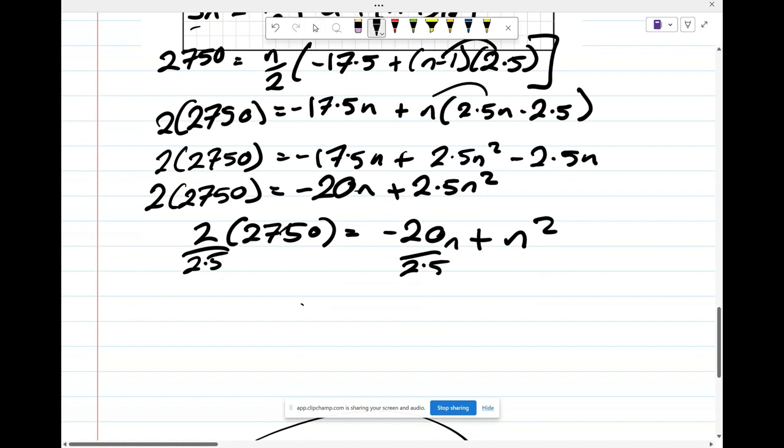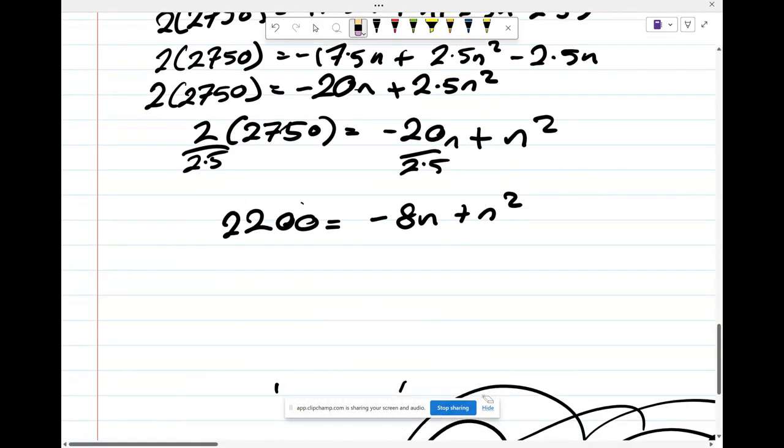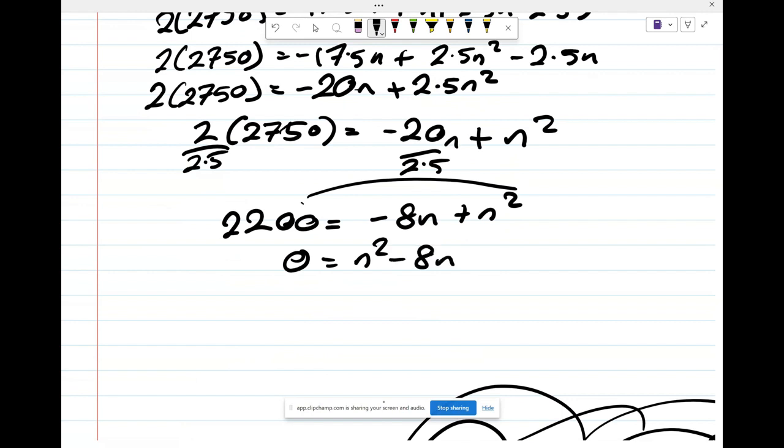So 2 over 2.5 times 2750, that's going to be 2200 is equal to minus 20 divided by 2.5, minus 8n plus n squared. Probably handiest would be the minus b formula. Well, first let's bring this across. So 0 is equal to n squared minus 8n minus 2200.